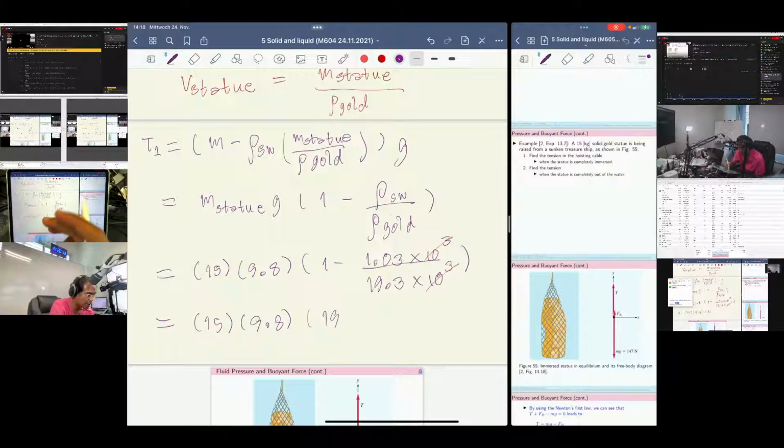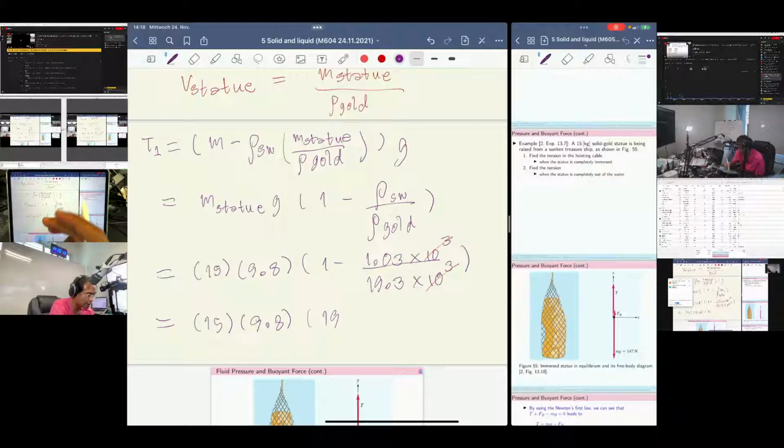It's 15 times 9.8 times 1930 minus the density of the seawater, 103, divided by 1930.